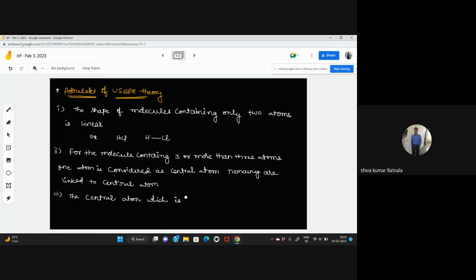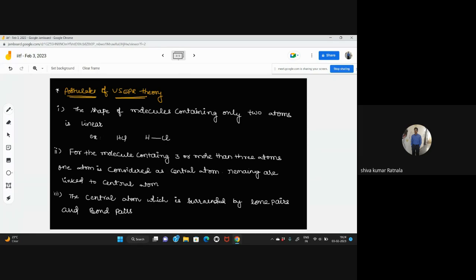That we can't say; for that we need to calculate hybridization and lone pairs. Then the central atom is surrounded by lone pairs and bond pairs.